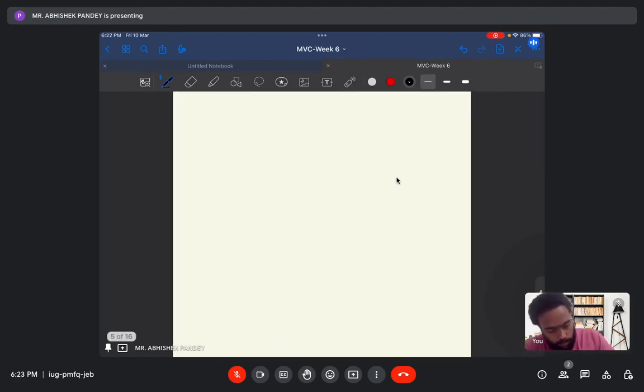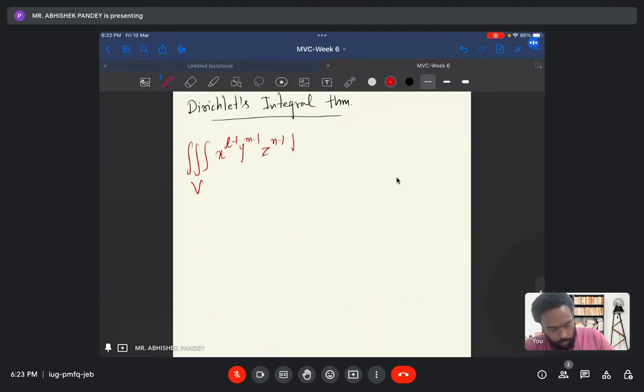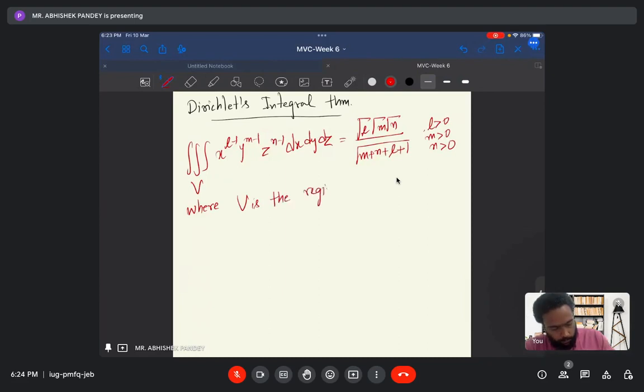It says that the integral over the region V of x to the power L minus 1, y to the power m minus 1, z to the power n minus 1 dx dy dz is equal to gamma L gamma m gamma n upon gamma of L plus m plus n plus 1, where L, m and n are positive, and V is the region where x, y, z are positive and x plus y plus z is less than or equal to 1.